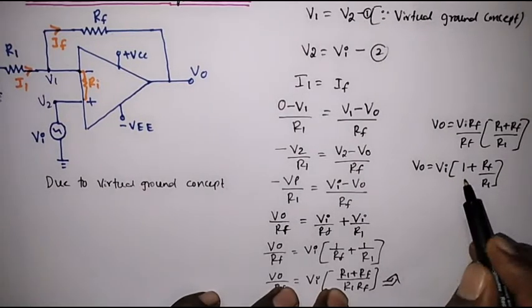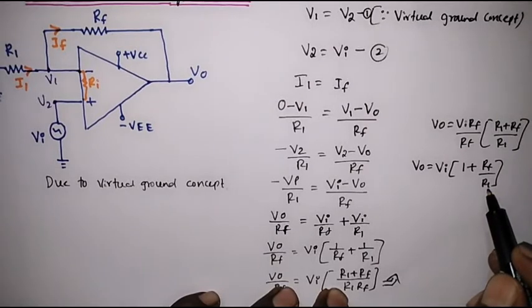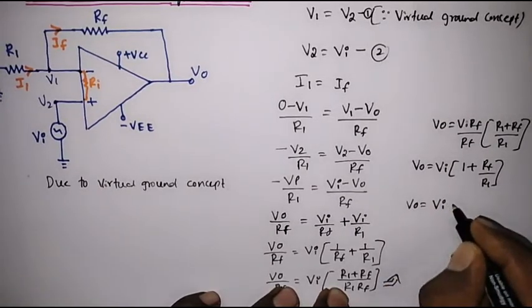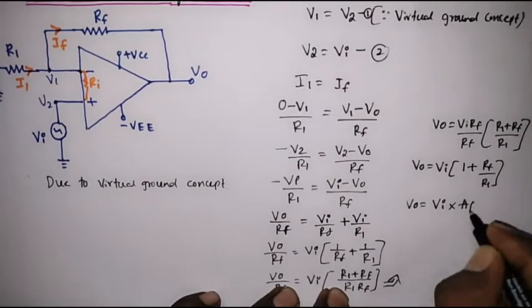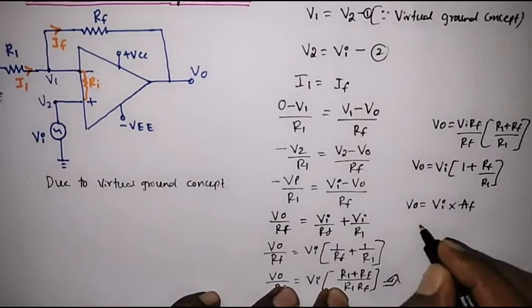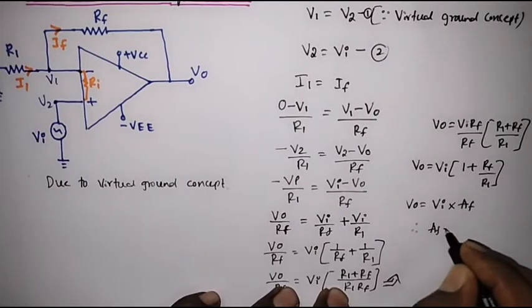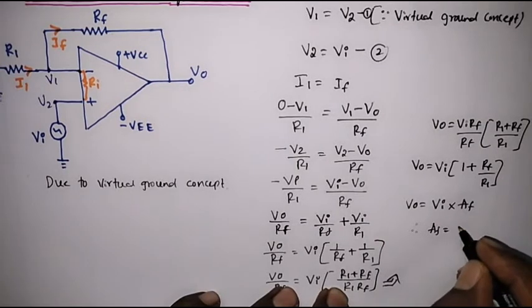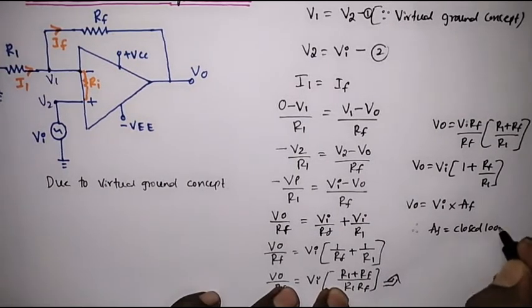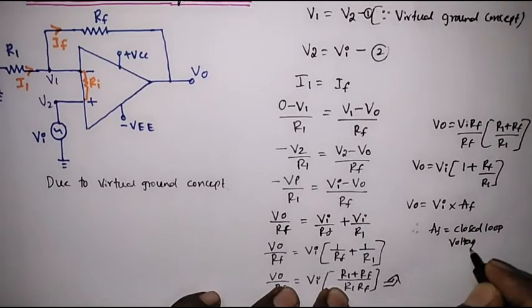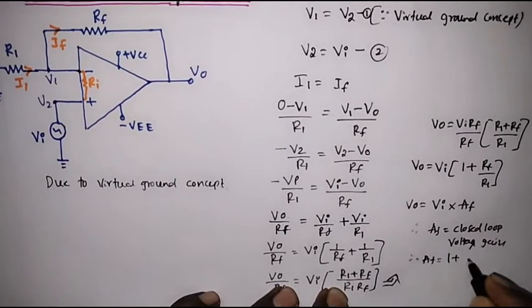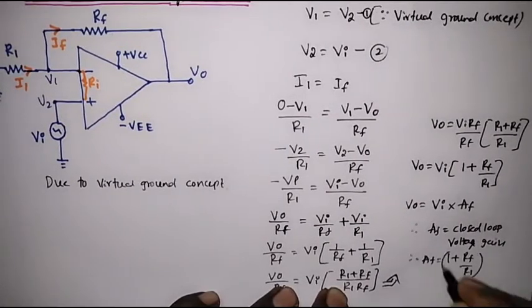Here the term 1 plus RF by R1 is known as the gain of the non-inverting amplifier, which is represented as AF. Therefore I can write VO is equal to Vi into AF, where AF is equal to the closed loop voltage gain, which is therefore AF equal to 1 plus RF by R1.